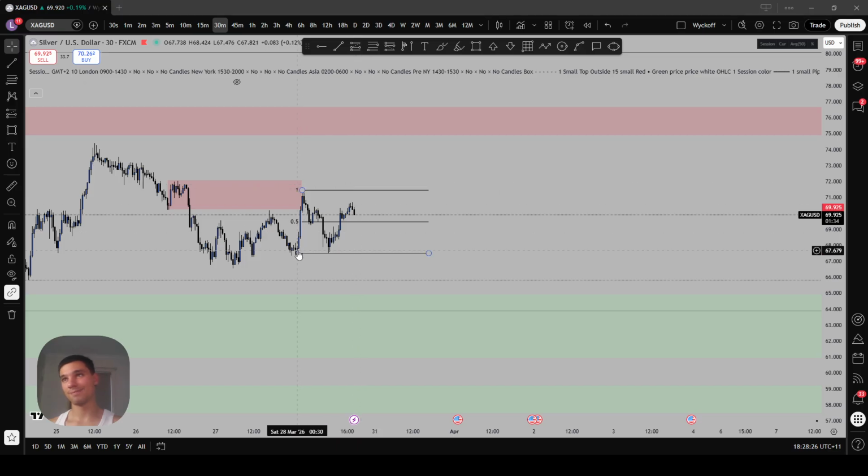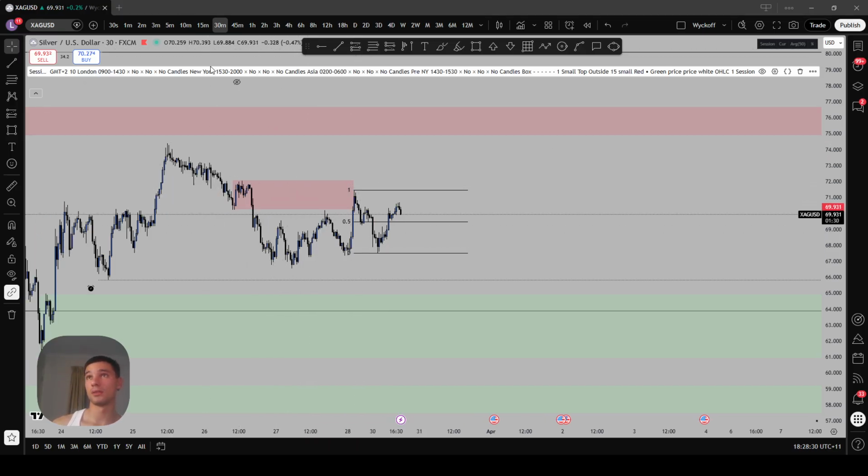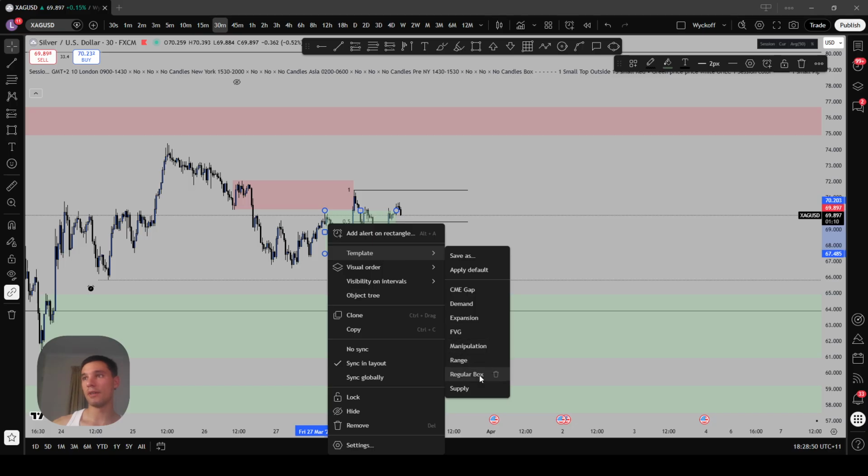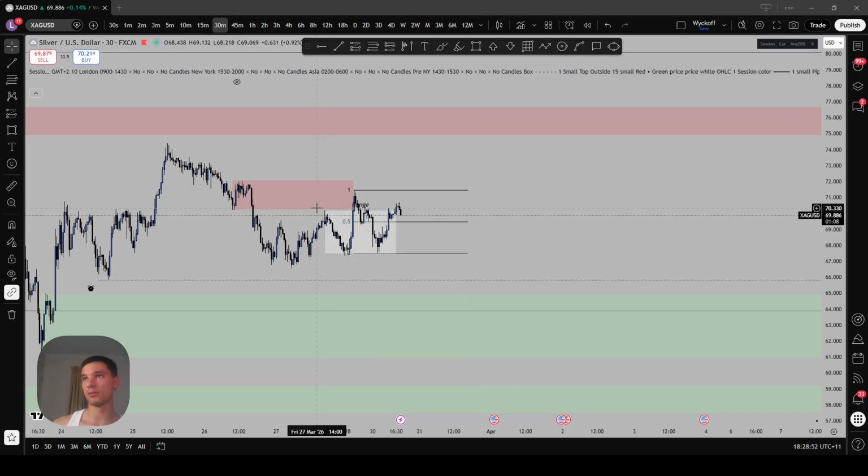Technically speaking, this could be a, no, not really. I was saying this could be a range from here, but I would not count this as a range just because it quite evidently looks like market structure.